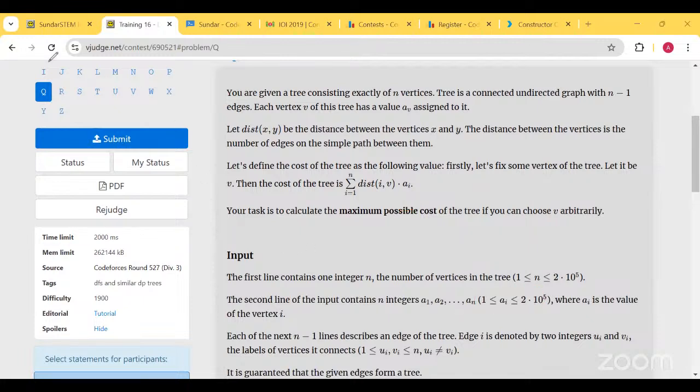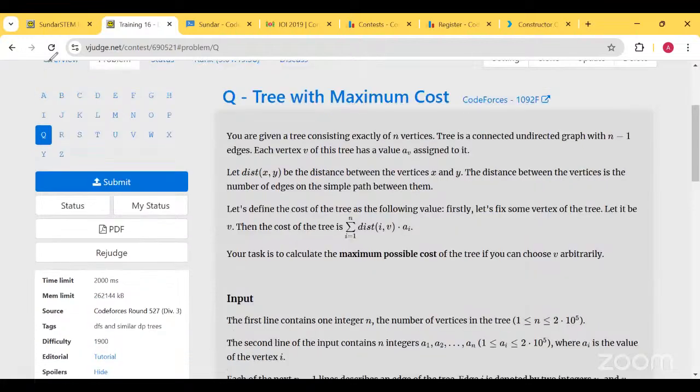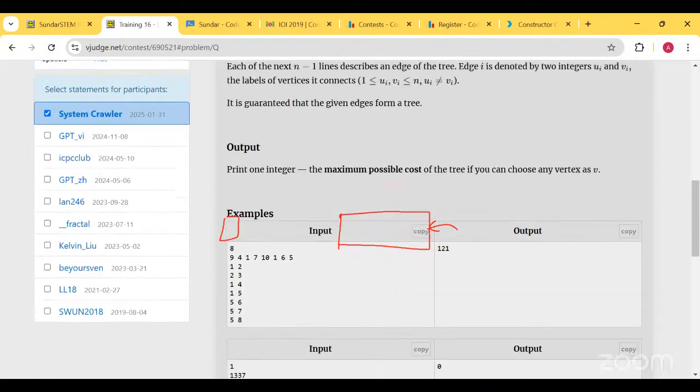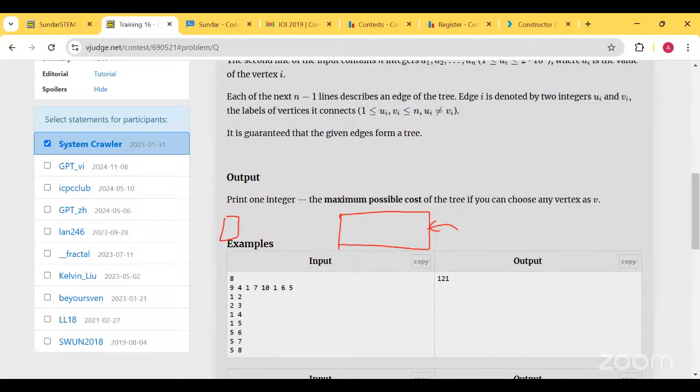And we want to choose a specific vertex, let's say vertex v, and then we want to maximize the cost. The cost is computed using this formula. We want to choose any v and just output the maximum possible cost.